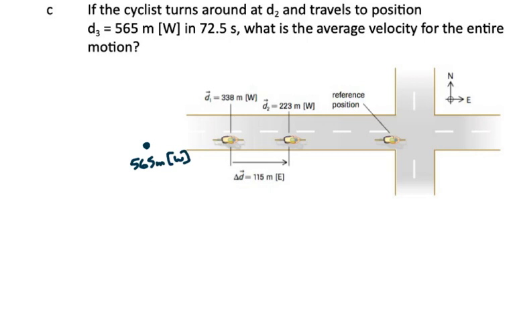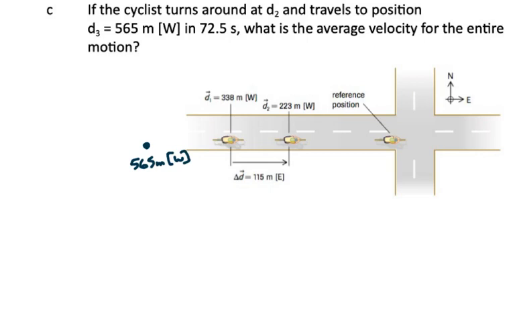This is one of the confusing pieces between distance and displacement. The cyclist has gone from D1 all the way to D2 and then back to D3. So if we were determining the distance, and distance is a scalar, we would need to add those two distances together. But since we are talking about displacement, we don't.